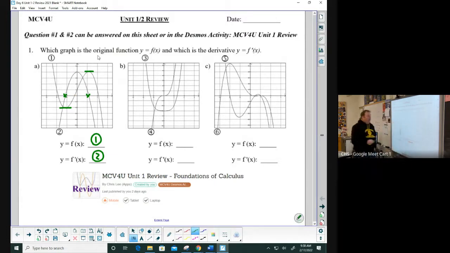And then as I go off and do the next one, I see this U-shaped one as a power of 4 and the cubic as a power of 3. So my gut says that 3 is the original and 4 is the derivative, but I'm not sold on that. That's just my first guess. I'll go off and do the pencil test. If this is the original, then that would be a 0, and the derivative would cross at 0.